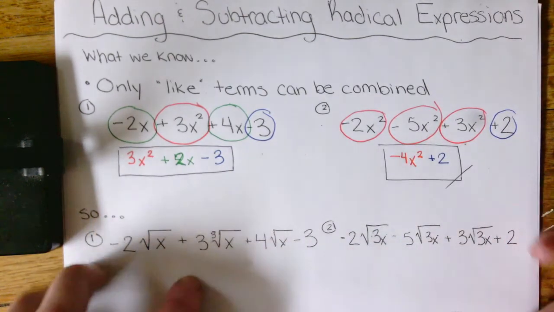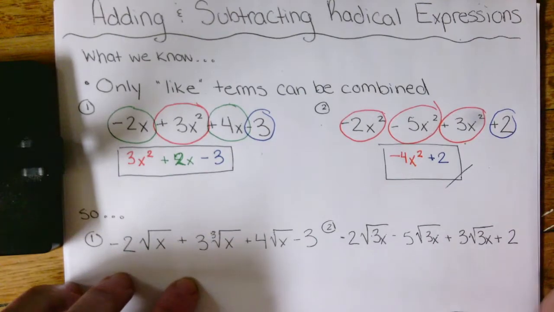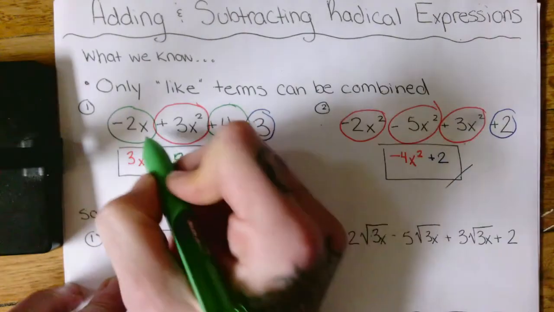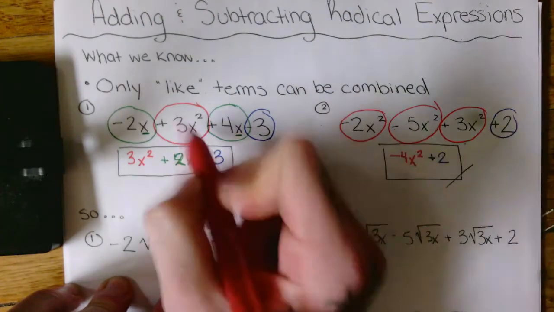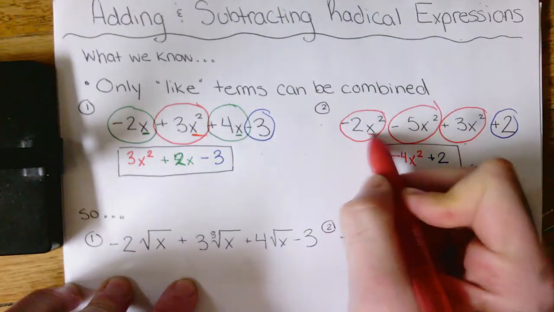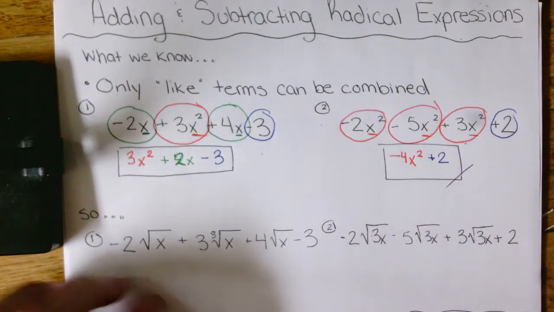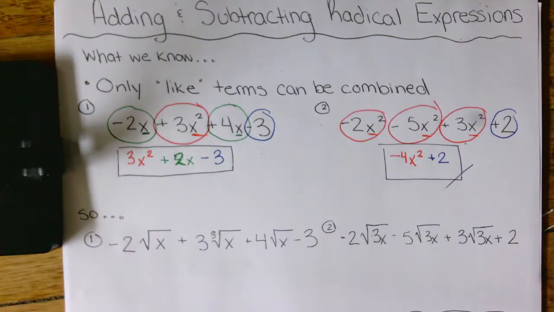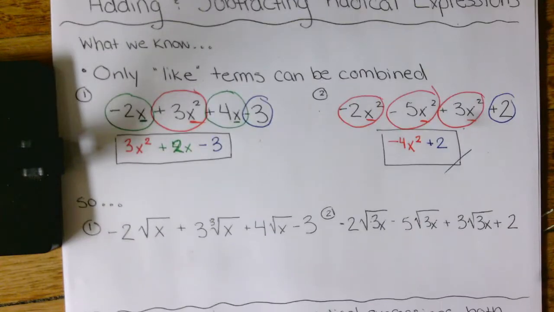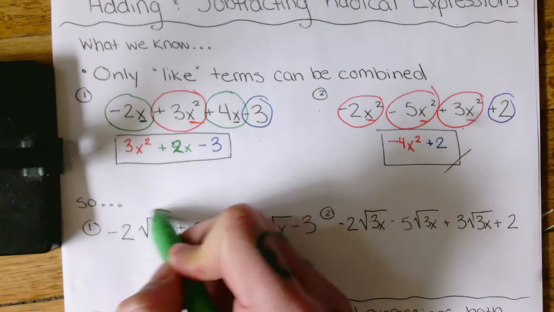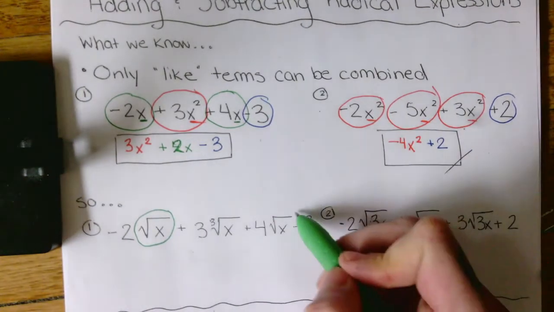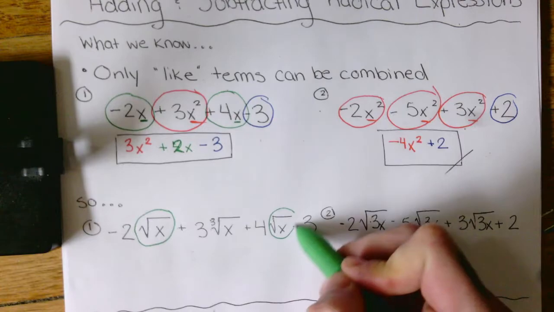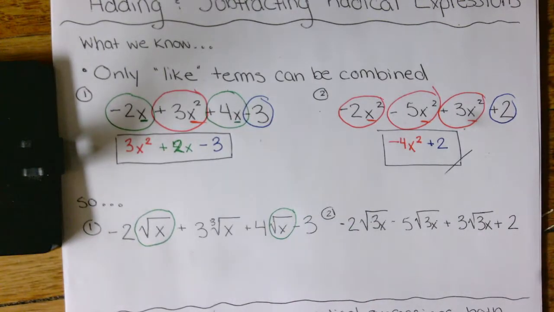Okay, so let's say instead of x or x squared, let's now say that we're talking about radical expressions. So instead of just x, let's say every time I have the square root of x, it's like the same thing.